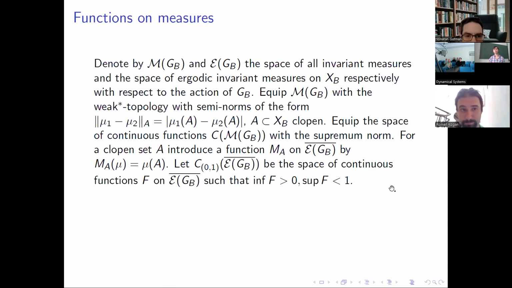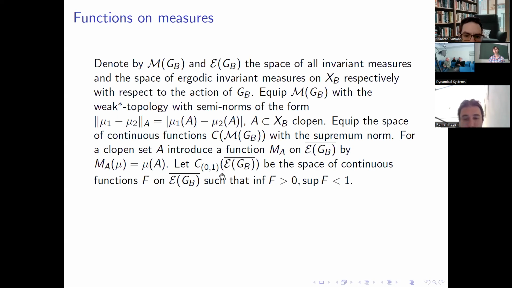And we study continuous functions on these spaces of measures, equipped with the supremum norm. For a clopen set A, we consider the function M_A of mu equal to mu of A. So we have a collection of these functions on the space of ergodic measures.